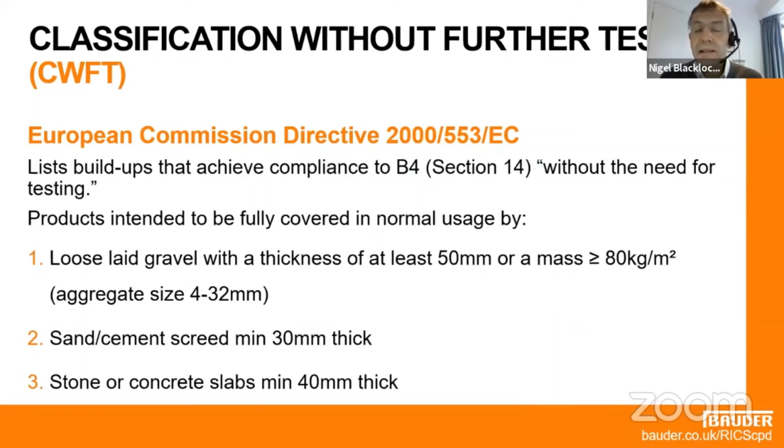If you have at least 50 mil of stones, or you have 30 mil of screed, or you have a minimum of 40 mil of stone or concrete slabs, they're deemed to satisfy. So there's classification without further testing because they're non-combustible and therefore you don't need to test the roof system below that.